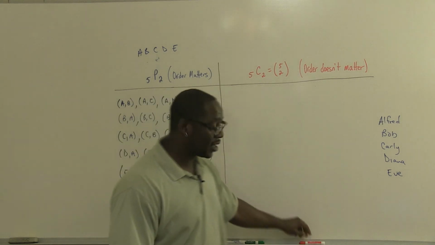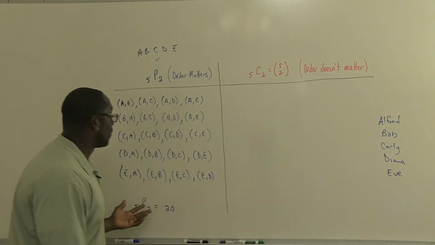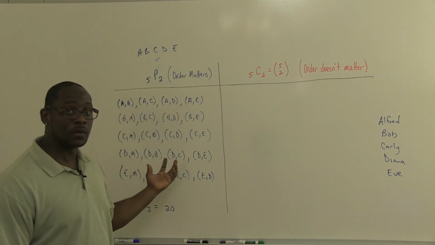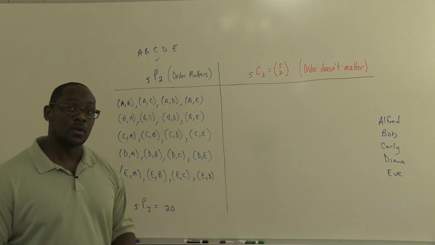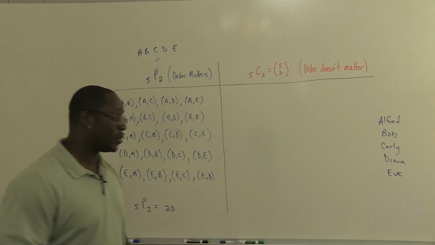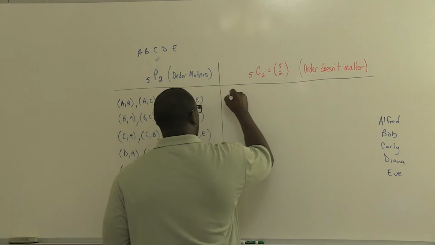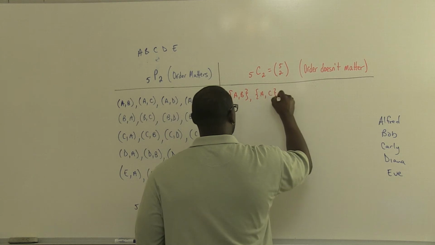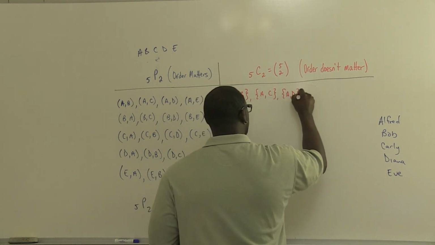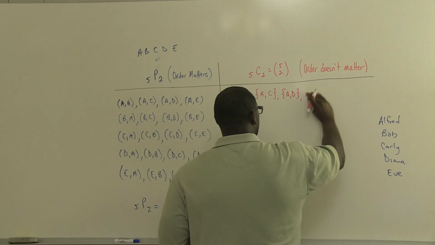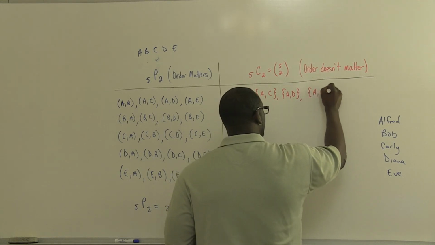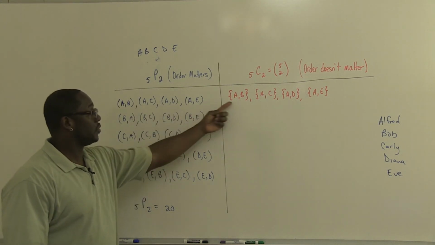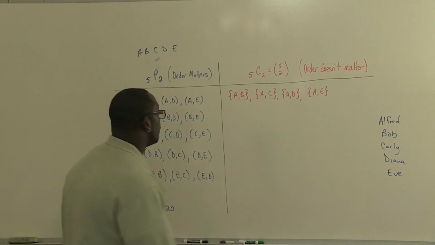Now let's move on over to the combination. So for the sample space for the combination, we're going to do the exact same thing. Okay? I'm not going to recreate the wheel, but instead of using parentheses here, we're going to use set notation braces. So I'll just go ahead and rewrite everything in that now. Okay, so here you see we're writing the exact same thing, but we're writing it with set notation instead of the parentheses.